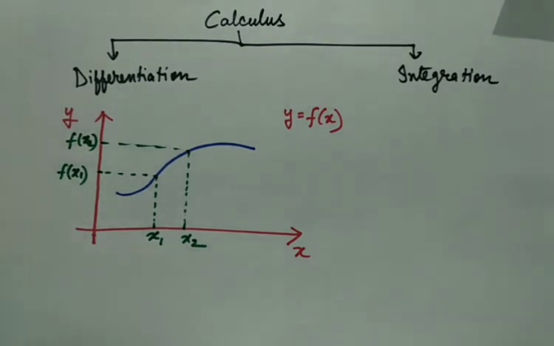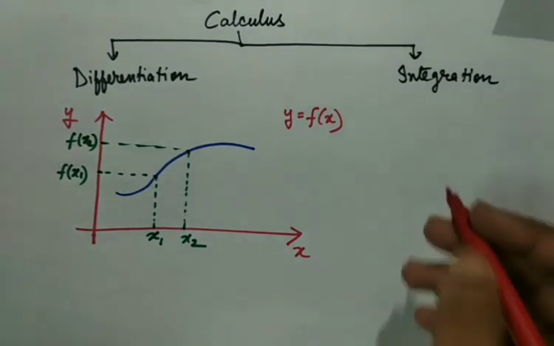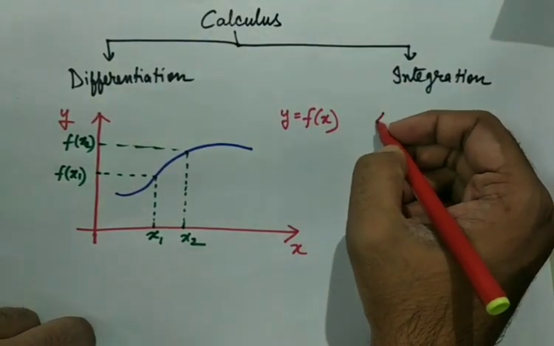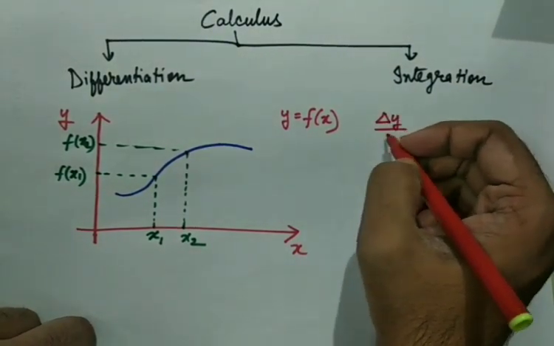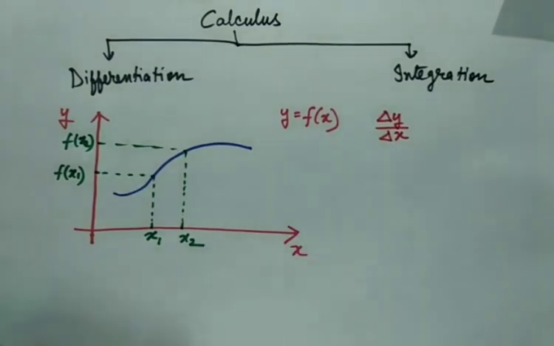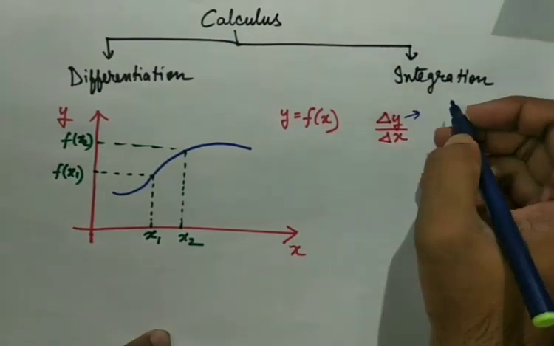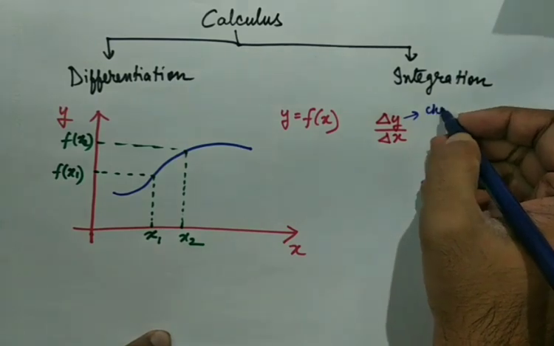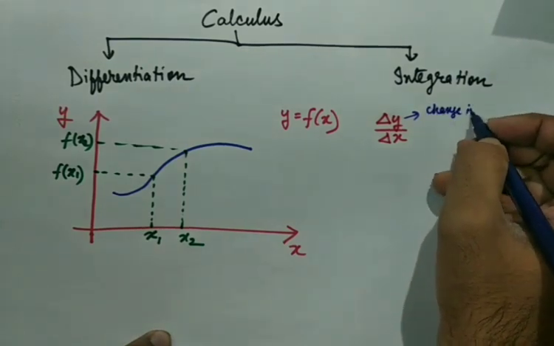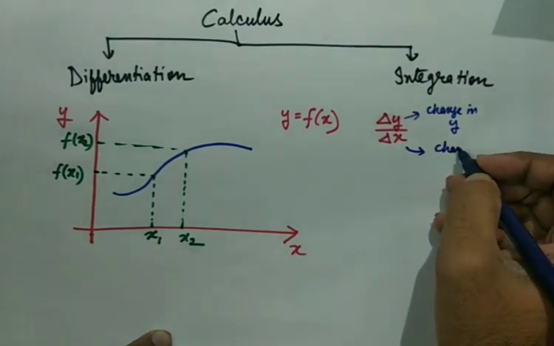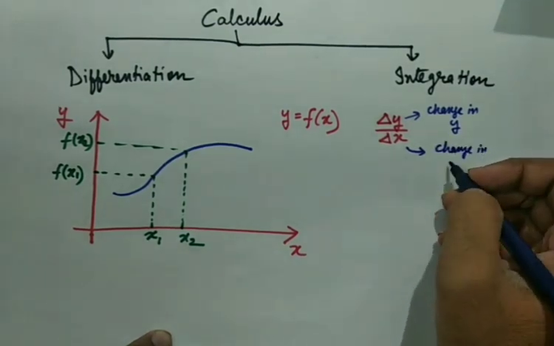Now let's define a quantity, that is delta y by delta x. Delta y by delta x means change in y. Similarly, delta x means change in x.